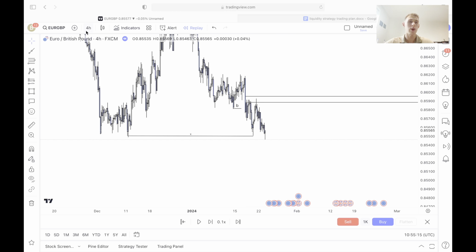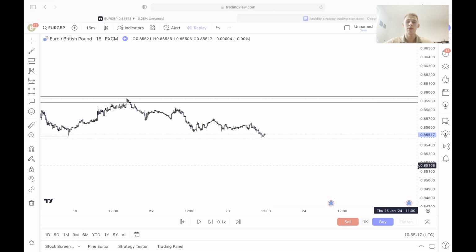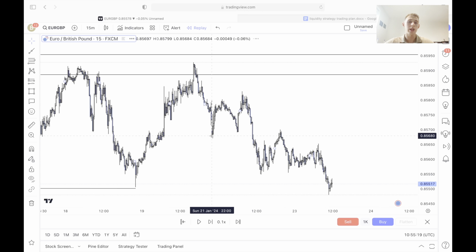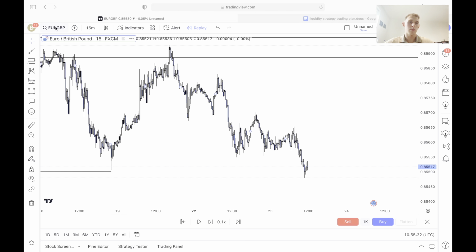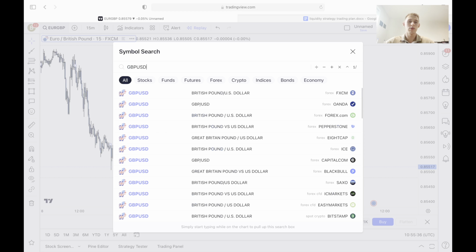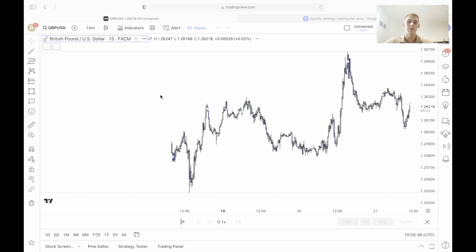Once price sweeps 4-hour liquidity, we then go to the 15-minute and wait for a break of structure with imbalance. We then enter on an area of supply, depending on the situation, where the liquidity is and also where price left it unmitigated. So now that we've got that example out of the way, let's go to a different example just to make this a little bit more clear.